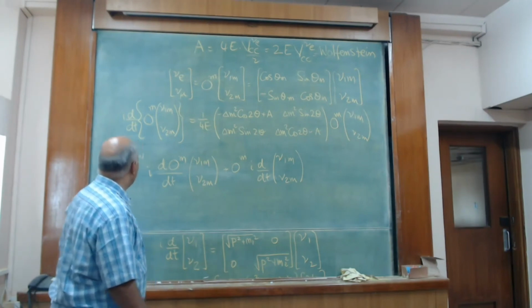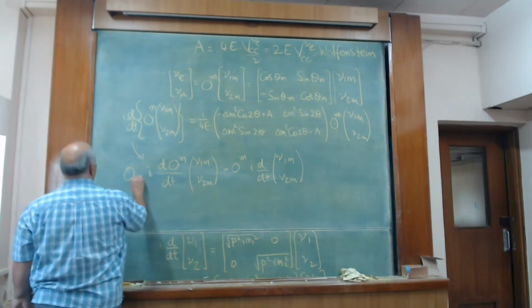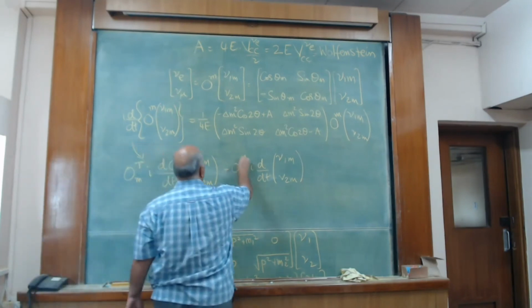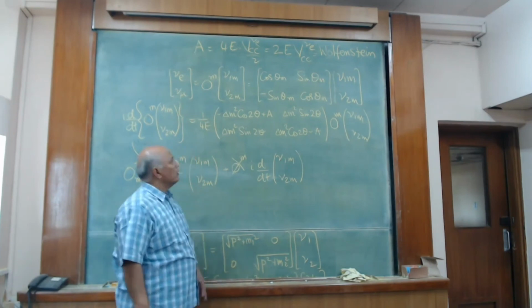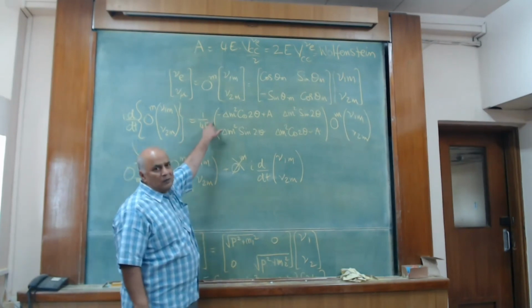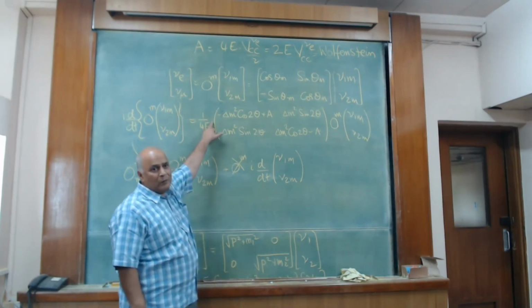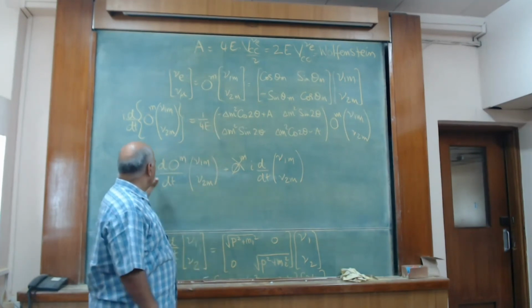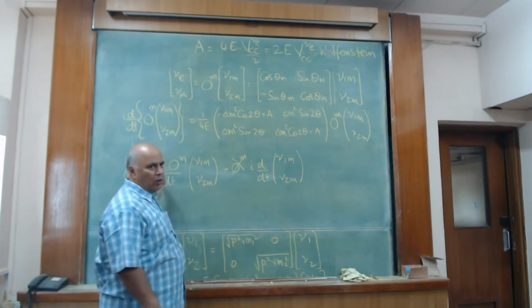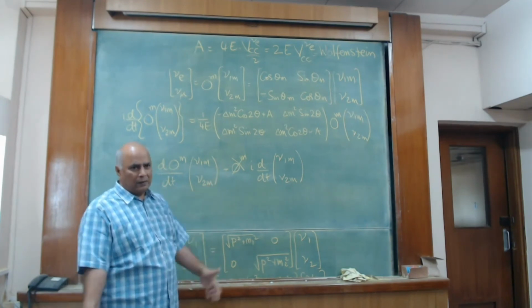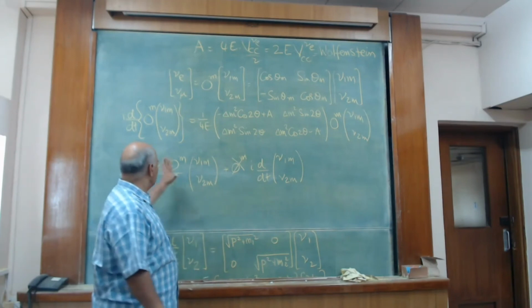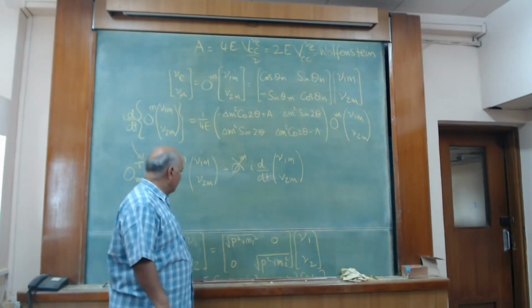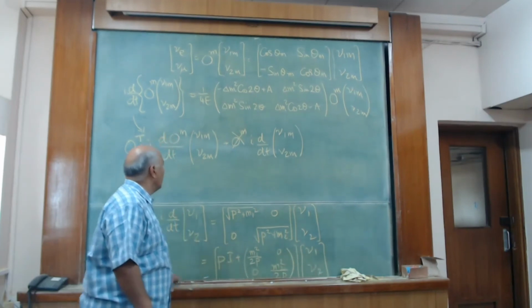So if I do that, I have O_M transpose here, and this drops out, and this term will acquire an O_M transpose on the left hand side. And then in order to make it look like a standard Schrodinger equation, I take this term to the right hand side.